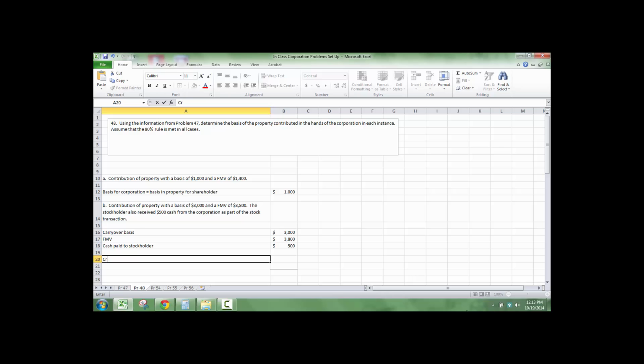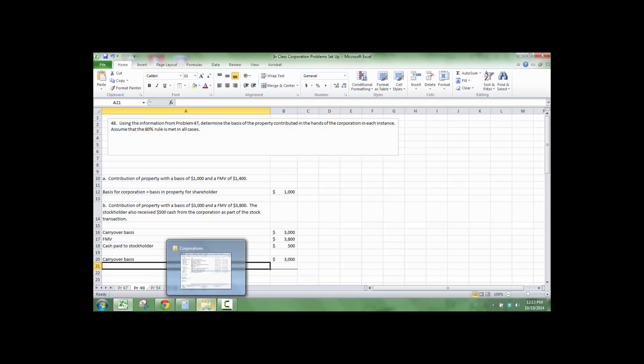So it equals carryover basis plus any gain recognized by shareholder.